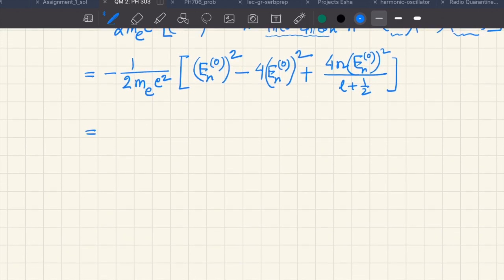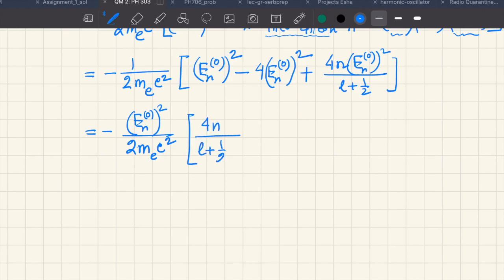This is nothing but minus En0 whole square divided by 2 m e c squared into 4n divided by l plus half minus 3.